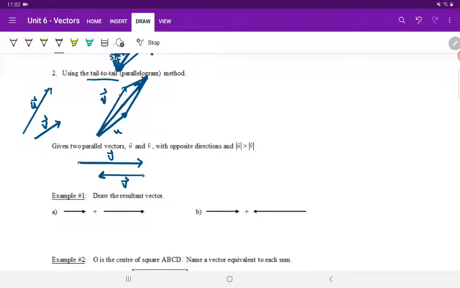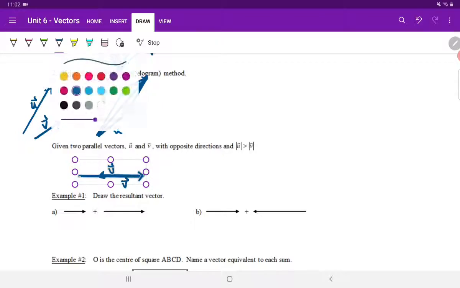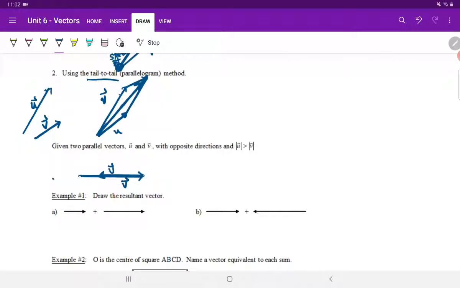So imagine I'm doing something like this, and let's see if I can just take a little picture there of that, and I were to move that on top of my other vector, hopefully you see that the resultant is actually right there.